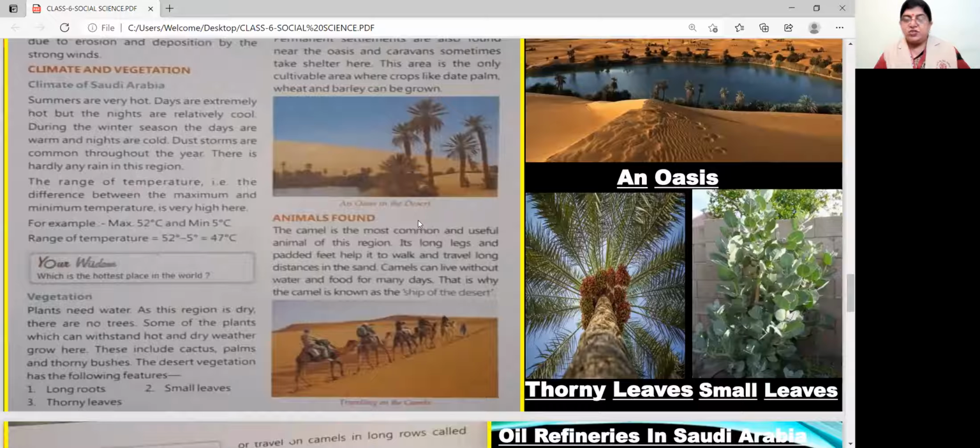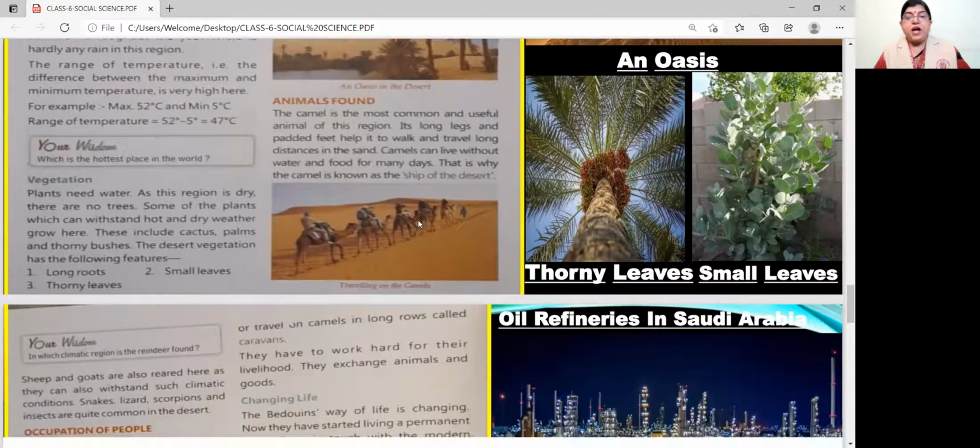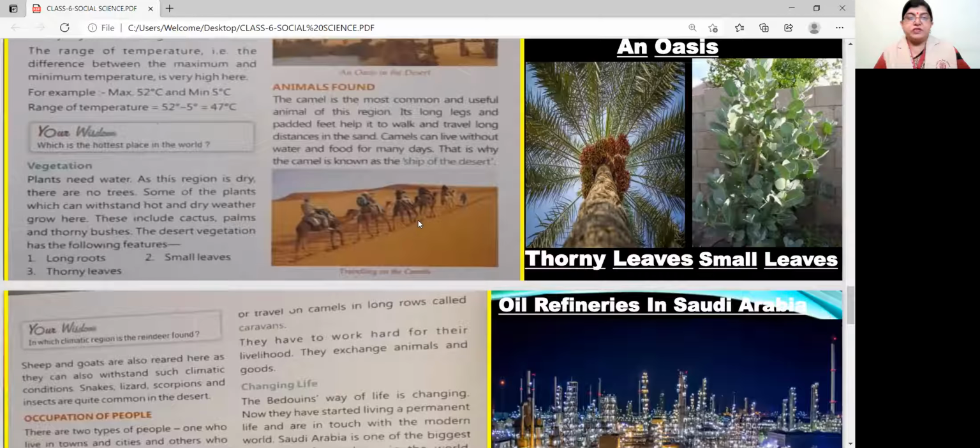Hardly any rain in this region. So with this, you can guess plants which can withstand hot and dry conditions are only found here. The desert vegetation has the following features: long roots, small leaves, and thorny leaves.